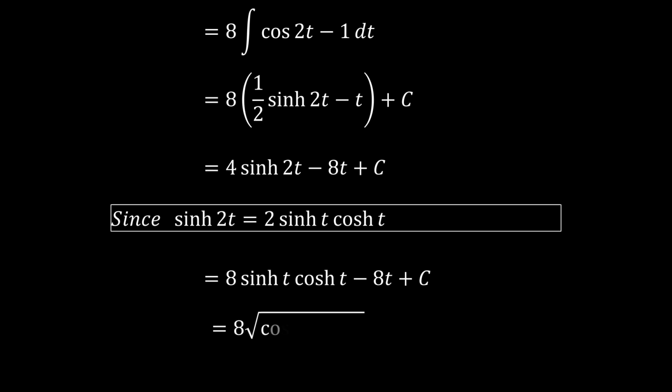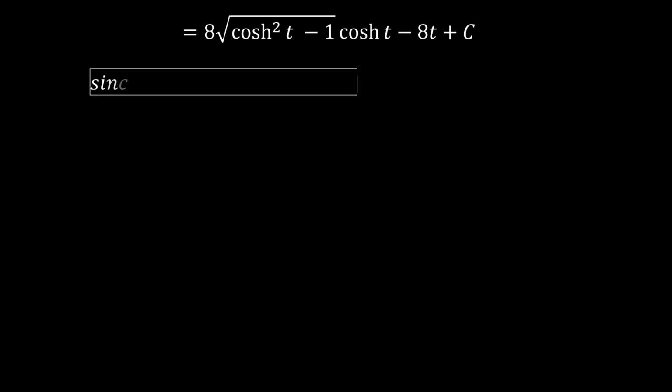And since sinh t is the same as the square root of cosh squared t minus 1, and cosh t remains that way, we can go back to our substitution where we had said that x plus 4 equals 4 cosh t.